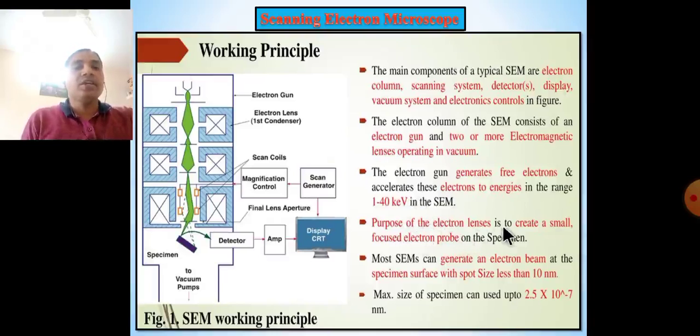The purpose of the electron lenses is to create a small focused electron probe on the specimen.